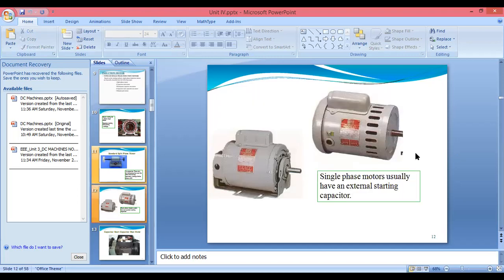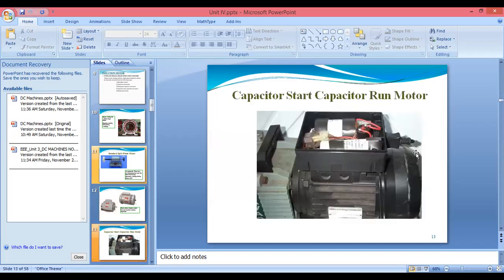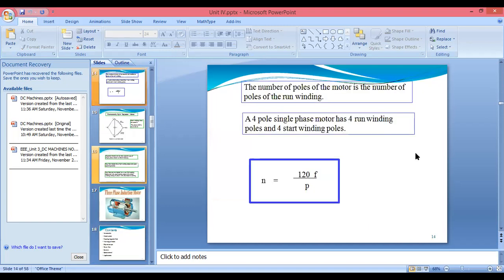Now, a single phase motor with an external starting capacitor, at that time, we can call that type of motor the capacitor run motor. This type of motor will look like this.